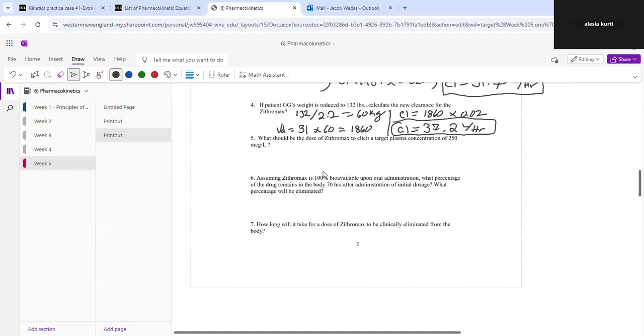They're not saying that it's given over time, or like a drip or anything, just a one-time push. So what equation should we use? We have the initial concentration and we have the VD. Exactly. Yep. All right, so what's the first step in this one?